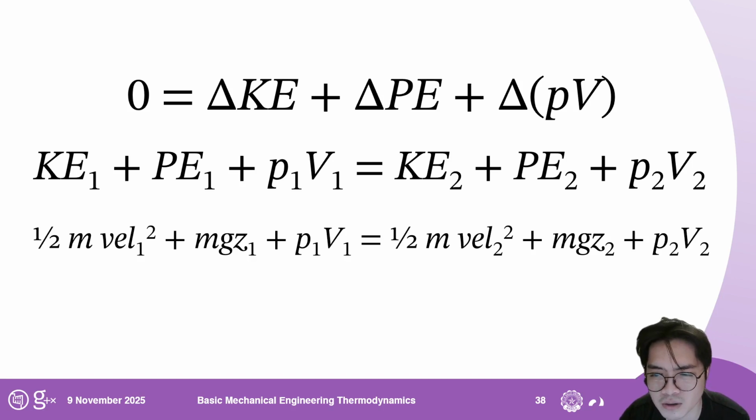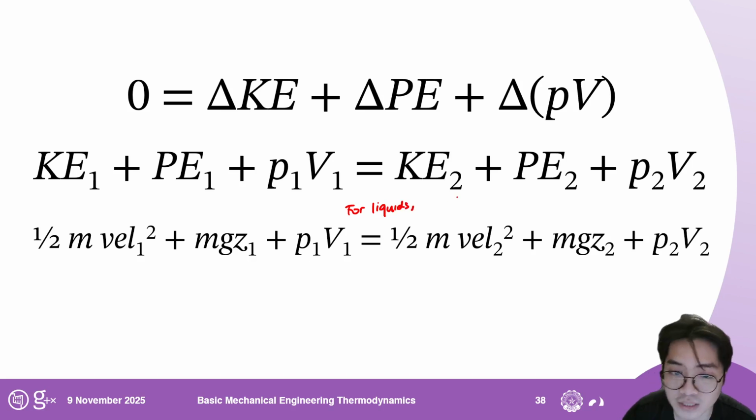You might now say, okay, which volume? Is it V1 or V2? Now, we're supposed to put in here the assumption that we are doing this for liquids, aka for any incompressible fluids. So that means that V1 and V2 in this case are just going to be the same.